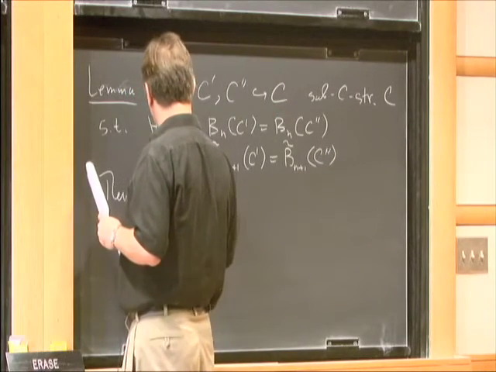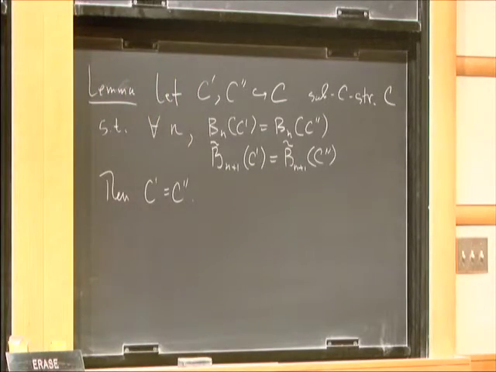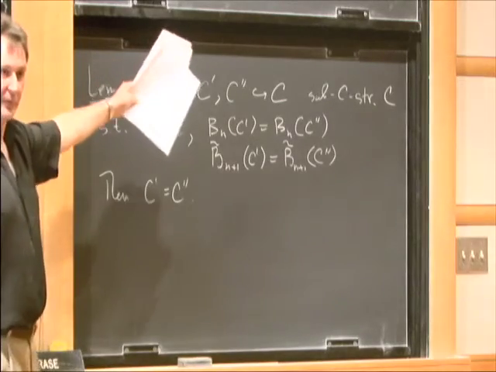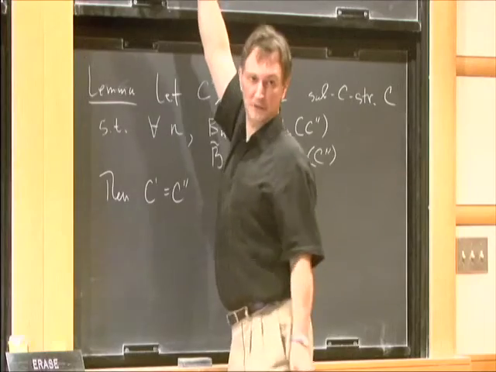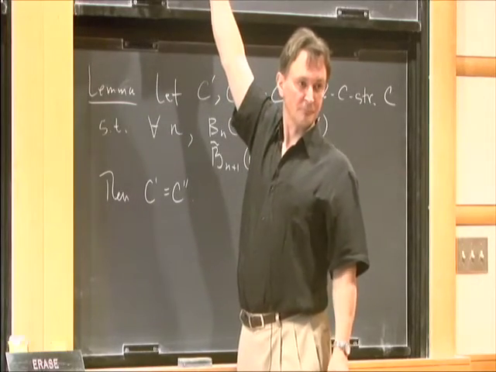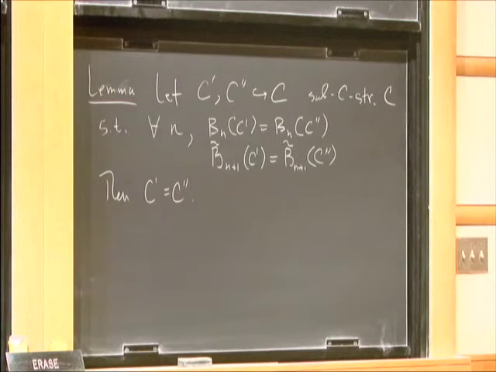Then C prime equals C2 prime. So I required them to have the same objects, but instead of requiring them to have the same morphisms, I only required them to have the same B tilde sets. So I only require that a section of a display map which belongs to the first subcategory also belongs to the second, and vice versa.